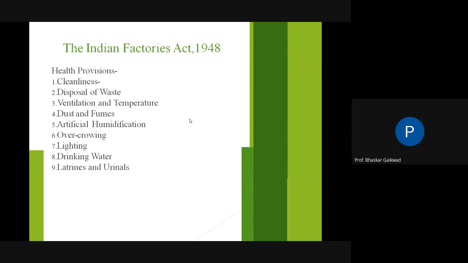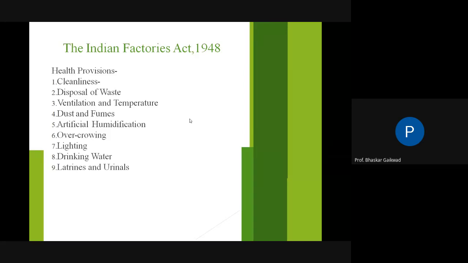Indian Factory Act, health provisions: in order to follow this law related to health, there should be cleanliness, disposal of waste, good ventilation and temperature. Dust and fumes should not be there. Artificial humidification should be there. Overcrowding should not be there.